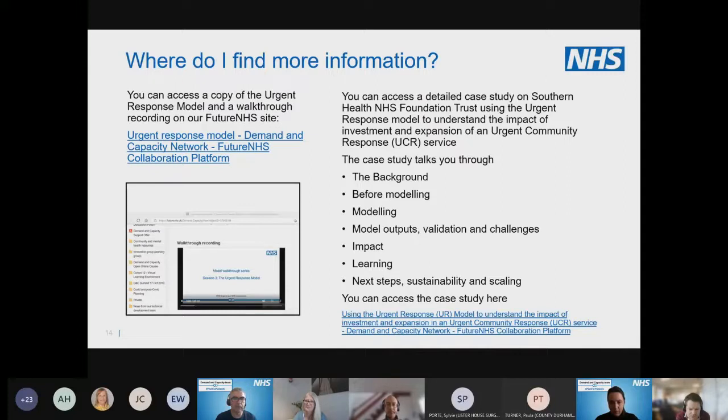Because if you've spent the time focusing on that initial work, then that stands you in really good stead working through the model. And I know, having worked with Wendy with a couple of other community services, that giving people the opportunity to get together, either face to face or more often than not now virtually, and taking that bit of time up front to understand how the service works, to explore any known blockages or difficulties with the way the service works, is really important, and some of those conversations have been so enlightening.